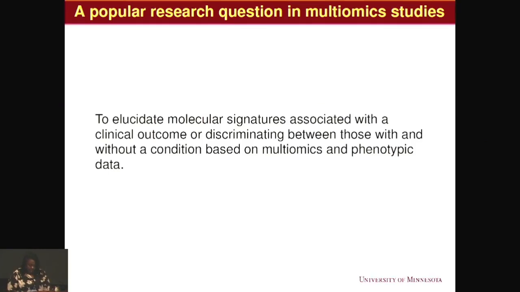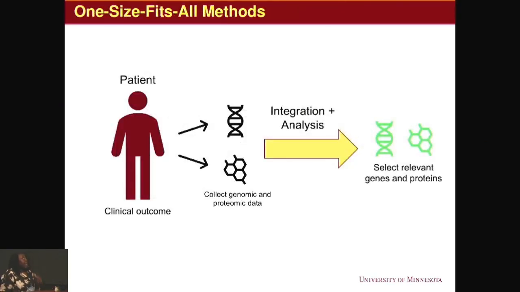So if I gave you that particular question and we had these different types of data, then when I think about the approach, the one-size-fits-all method will assume that we're looking at all data, all individuals, agnostic to any subgroup heterogeneity.